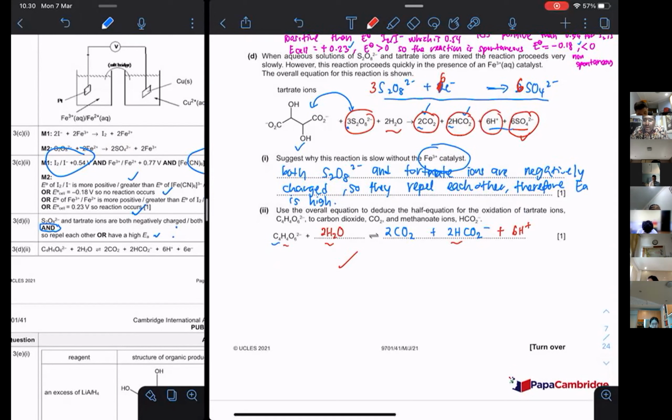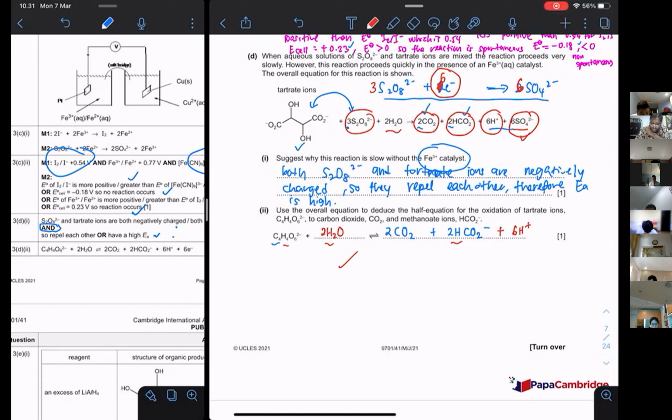Now, the final thing that you need to do is to balance the electron. This one is a bit difficult, but you need to do it carefully. I know that this one is 6 electrons, so of course they times by 3.